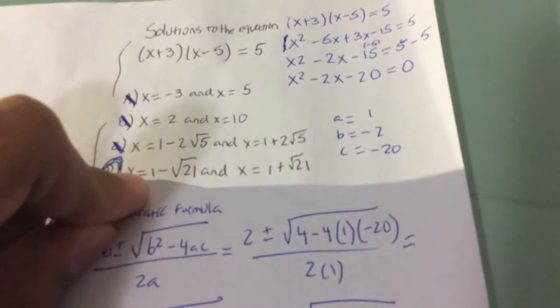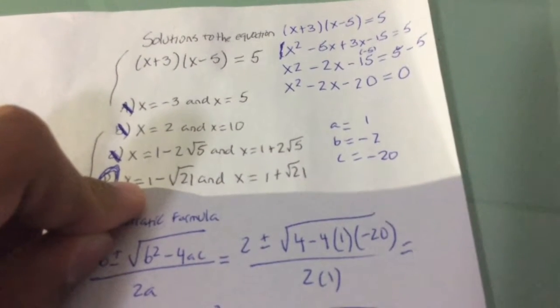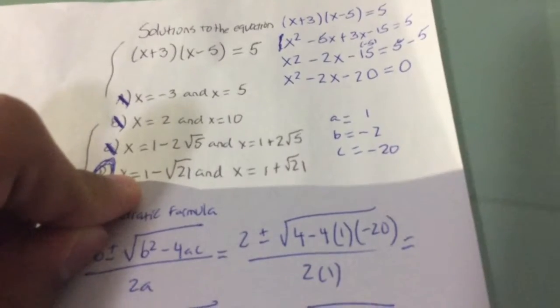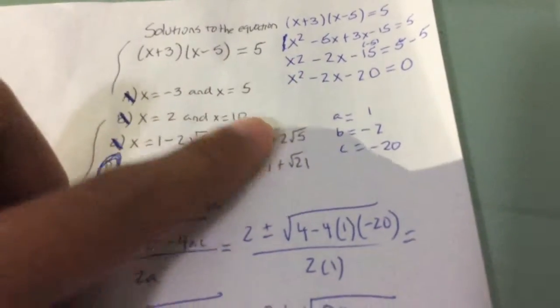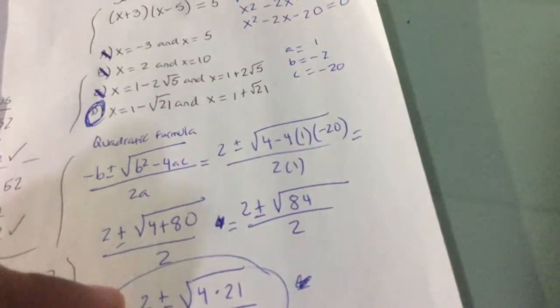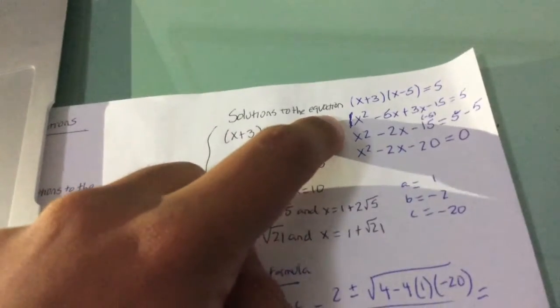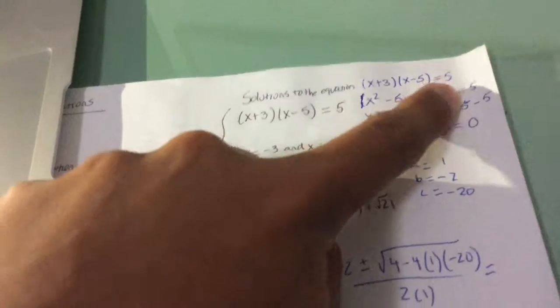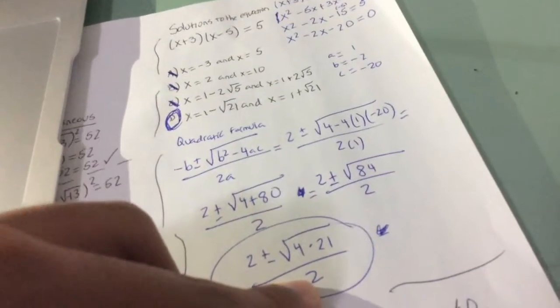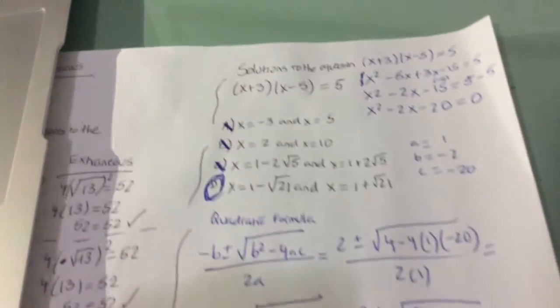For example, if you are asked to find the product, therefore it needs to be C over A, and you don't have to do this process to get the answer. But if you need to find a solution to an equation like this one, therefore yes, you need to do the whole process, because you are not going to get the answer in that way.